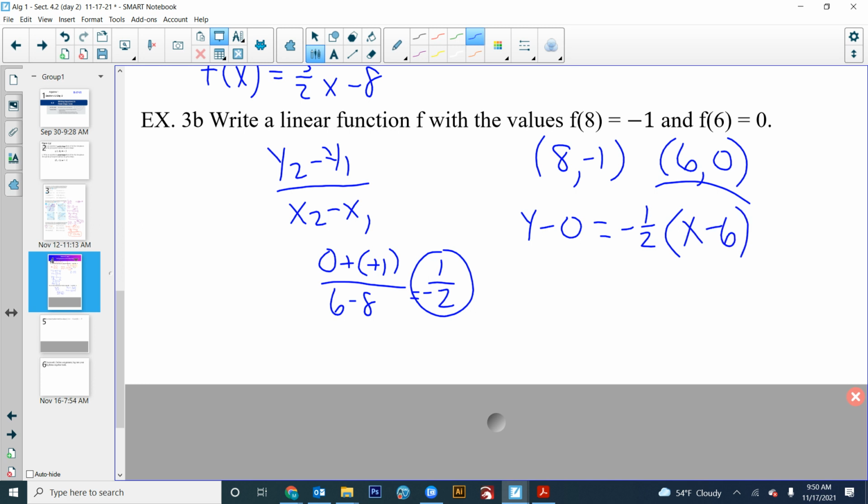Okay, now, guys, on the left side, y minus 0. What do we just write there? Isn't it just y? So I don't have to add or subtract anything over there, right? So if I distribute my negative 1/2, what's that? Careful. It's negative 1/2 x, and then plus 3.